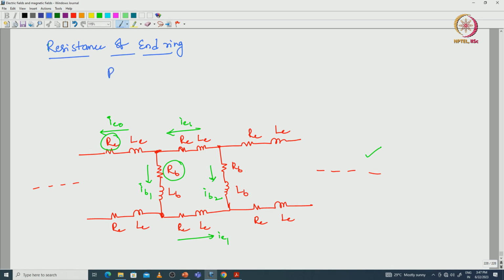The resistance of the end ring, Re, is equal to the resistivity of the end ring material times the length of the end ring divided by the area of cross section of the end ring.